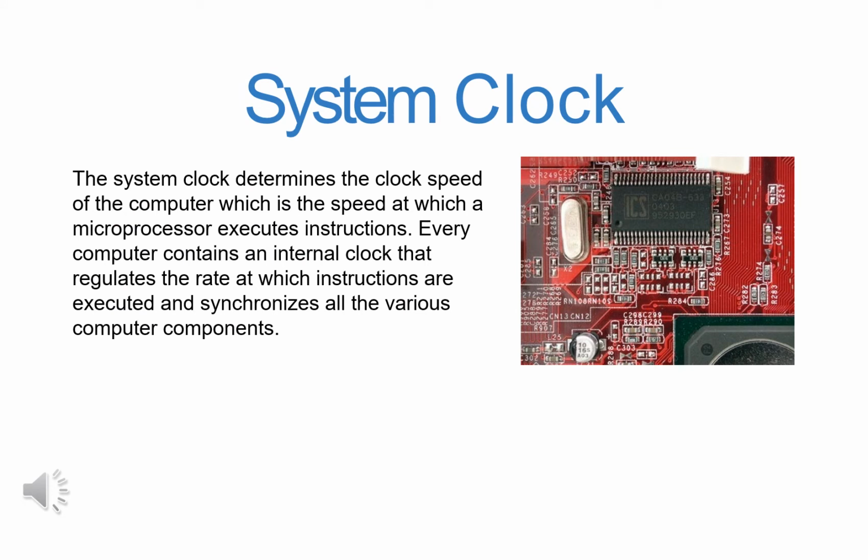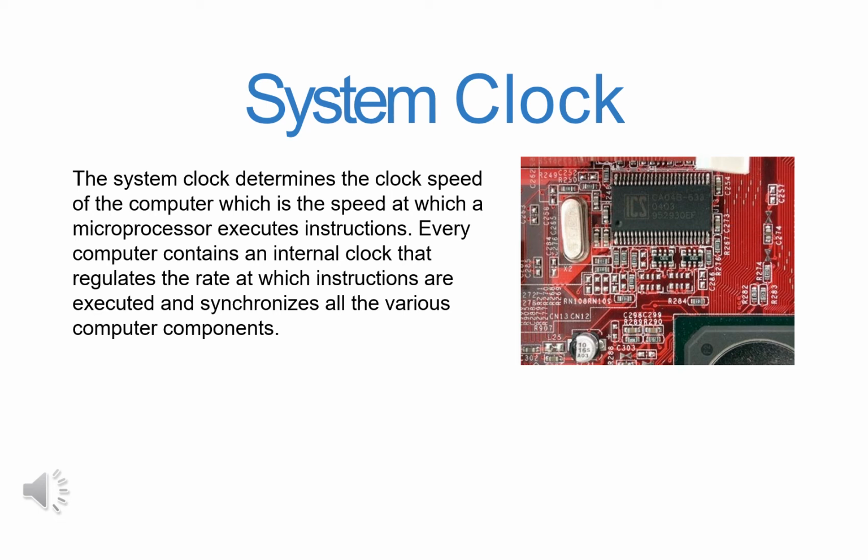Generally, the system clock determines the clock speed of the computer, which is the speed at which a microprocessor executes instructions. Every computer contains an internal clock that regulates the rate at which instructions are executed and synchronizes all the various computer components.